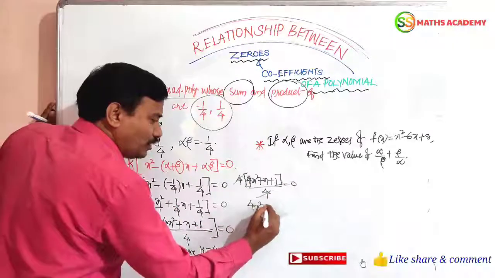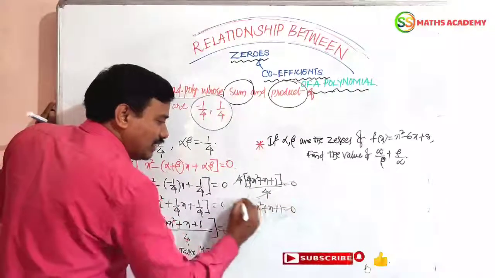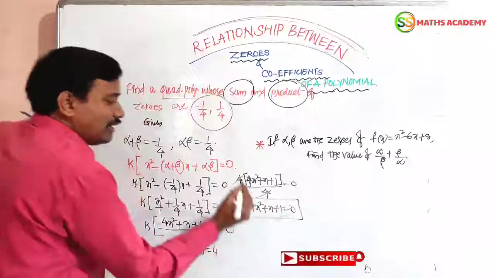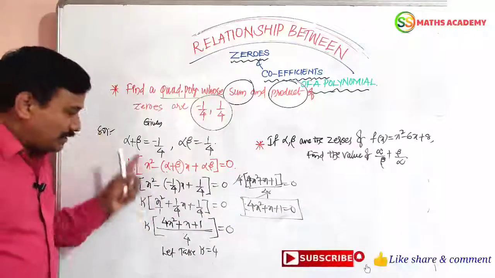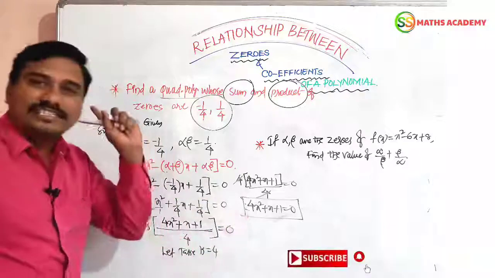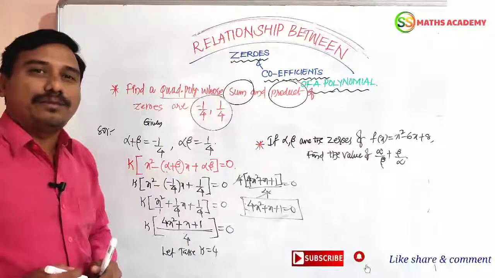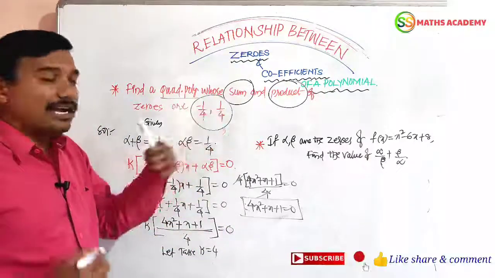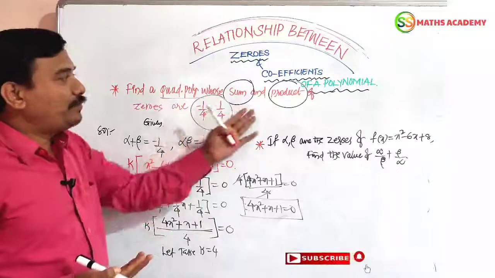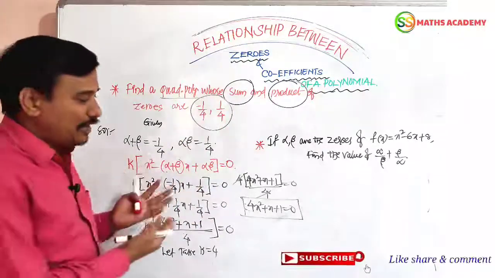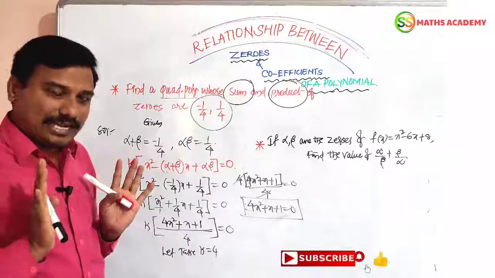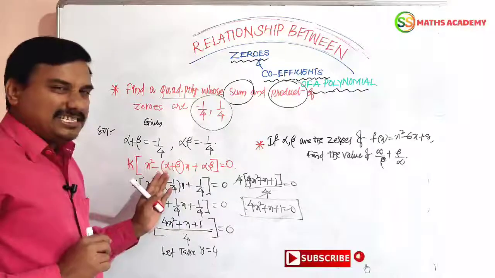We should get the pure quadratic polynomial 4x square plus x plus 1. This is the way we get a new quadratic polynomial with the given zeros. Sometimes only the sum and product are given to us, and we have to substitute them. That's it. Dear friends, this is easy for everybody.